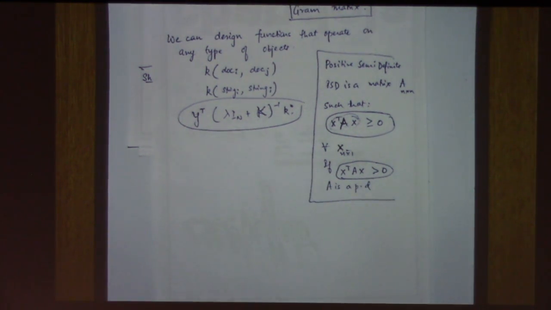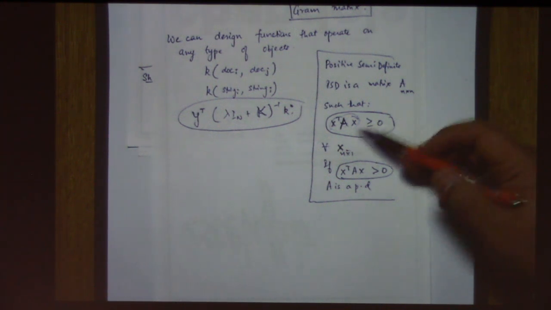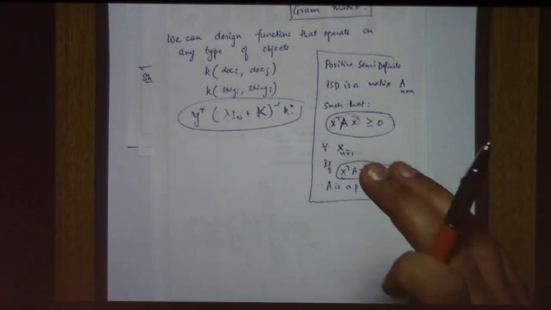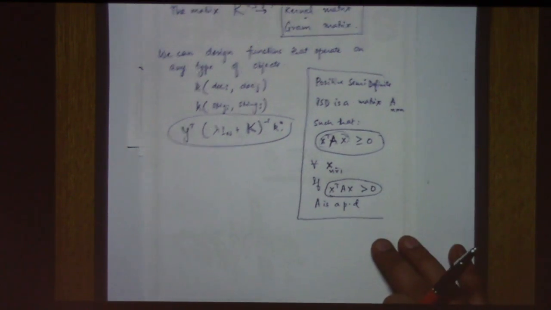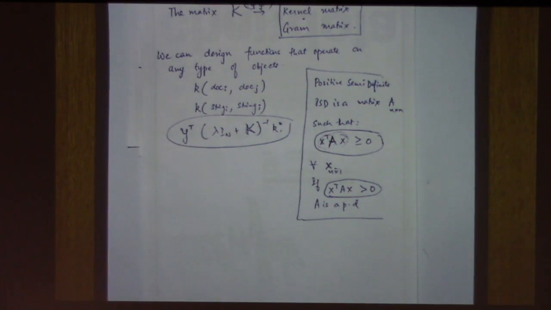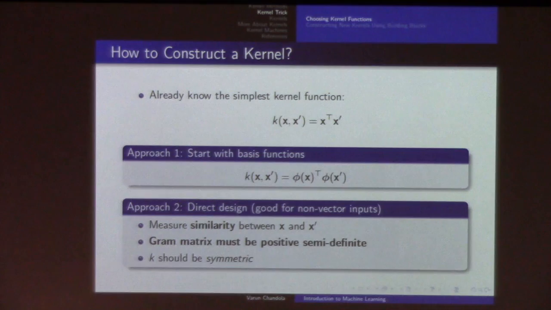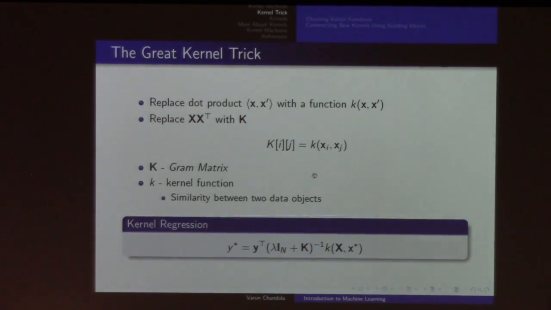Why do we care about these? Because if something is positive definite, then you can always compute its inverse, right? In the case of kernel methods, because we are adding this extra quantity, this whole thing will always be positive definite if K is positive semi-definite.